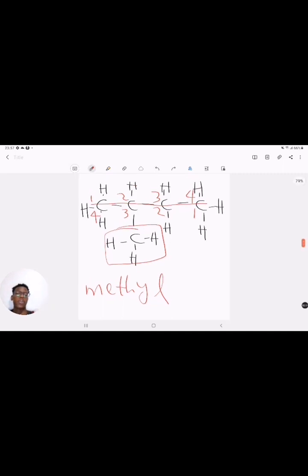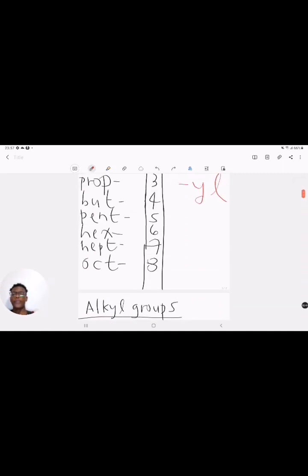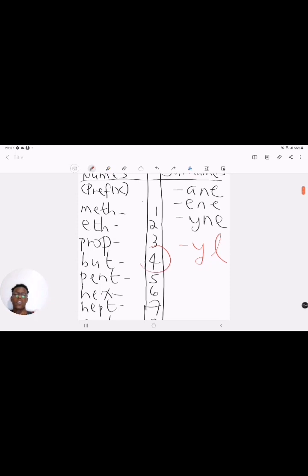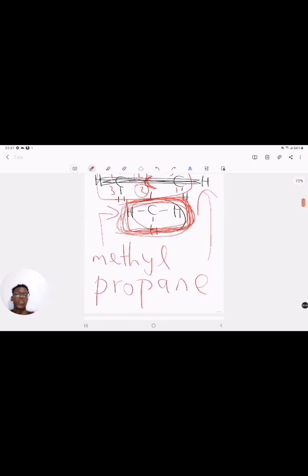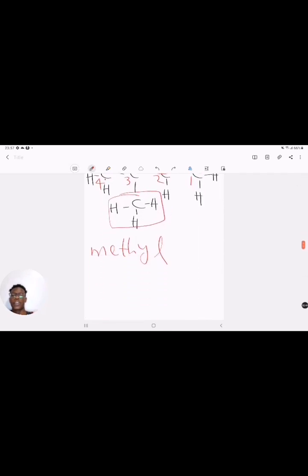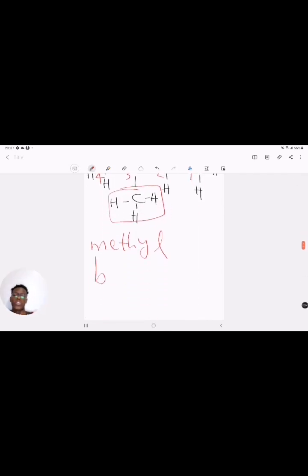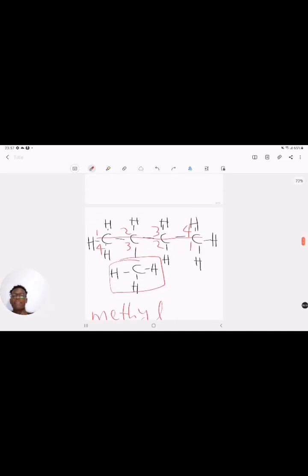If it has 4 carbon atoms, you go back to your table. Very easy. You've got 4, there's your but. 4 corresponds to but. You go back down here and say, okay, but, and we said it's an alkane, therefore it's butane. Now I've got 2 names that I want to combine. How do I combine them? Well, remember I numbered my parent chain.